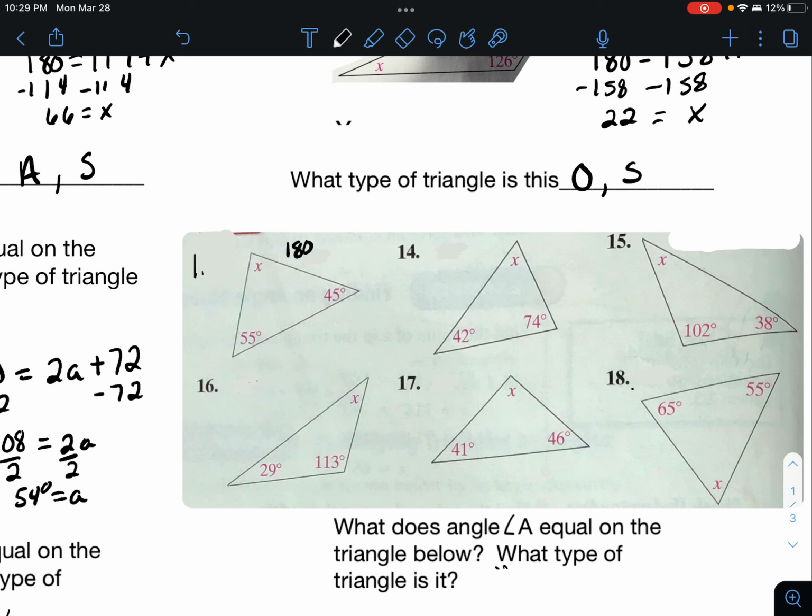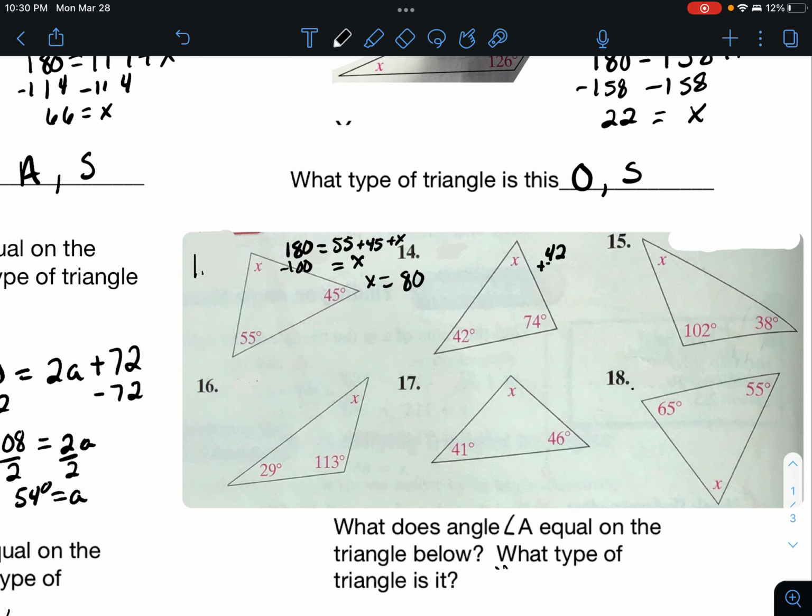So 180 equals 55 plus 45 plus x. That's going to be 100. So that means x equals 80 degrees.